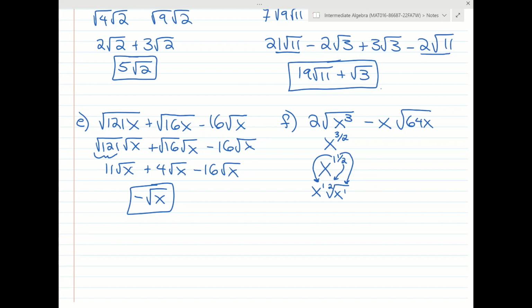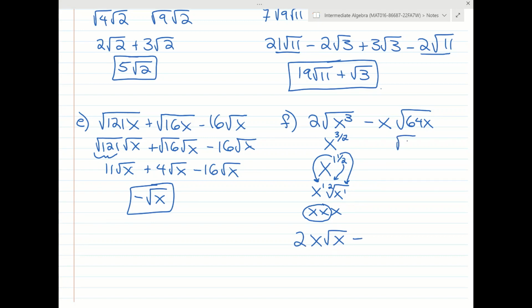Another way we could have done this is we could have written x out 3 times. And just like with numbers, we circle our groups of 2, and then there's 1 left over. So you get the same answer whether you use the shortcut I showed you or whether you just write it out. But the 2 is here. And we'll simplify this.